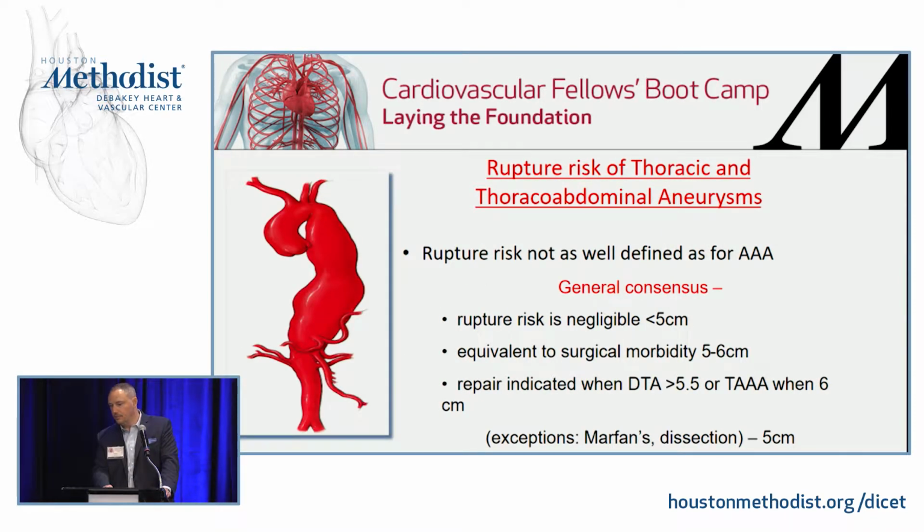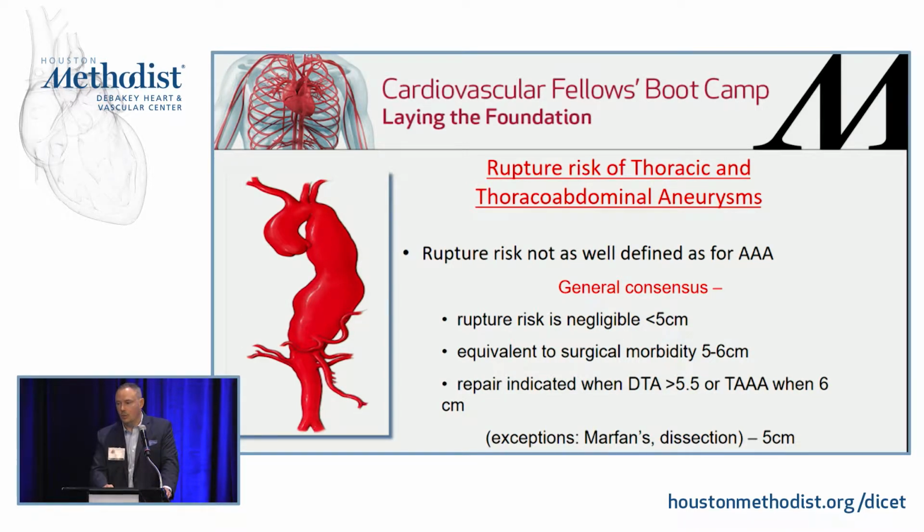The rupture risk is not as well defined as it is for abdominal aortic aneurysms. In general, for both thoracic and thoraco-abdominal aneurysms, the rupture risk is thought to be negligible below 5 centimeters, and probably equivalent to surgical mortality between 5 and 6. We typically talk about repairing descending thoracic aneurysms when they're 5.5 centimeters, or thoraco-abdominal when they're 6 or greater.